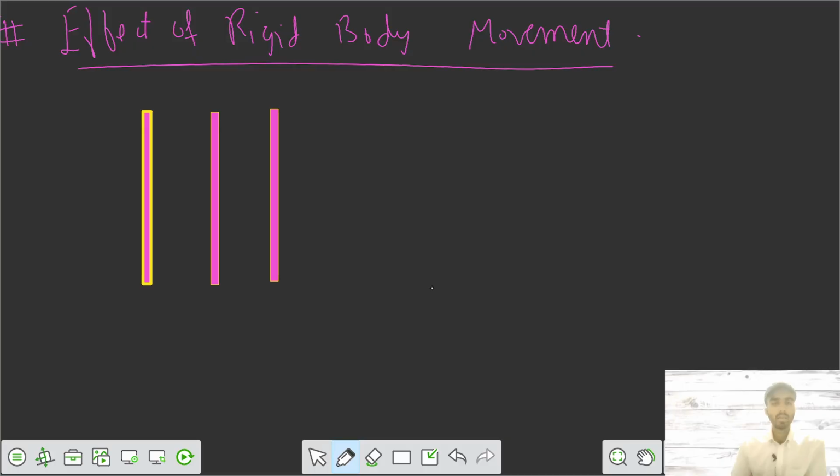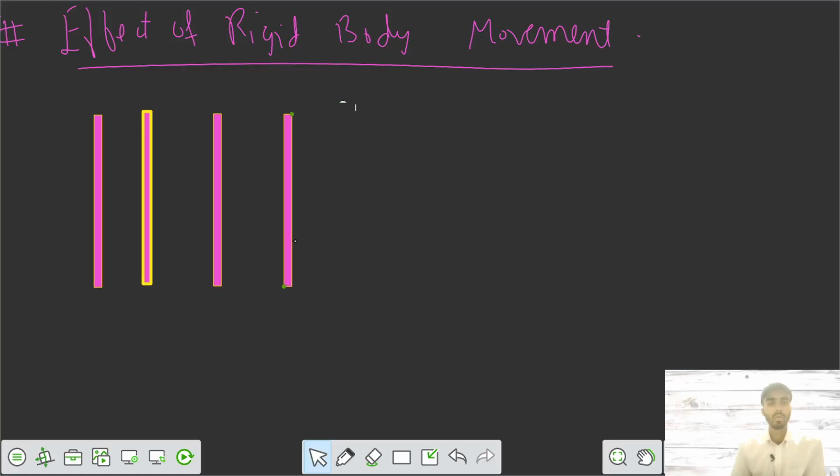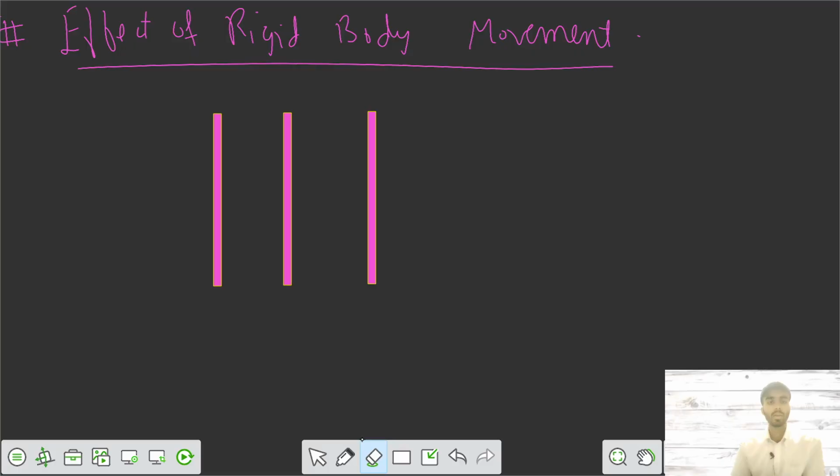Say there are three bars and the connection is free. Okay, the connection between the bars is, I would say, rigid.